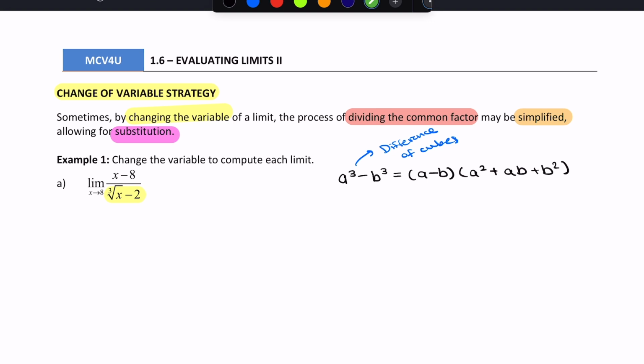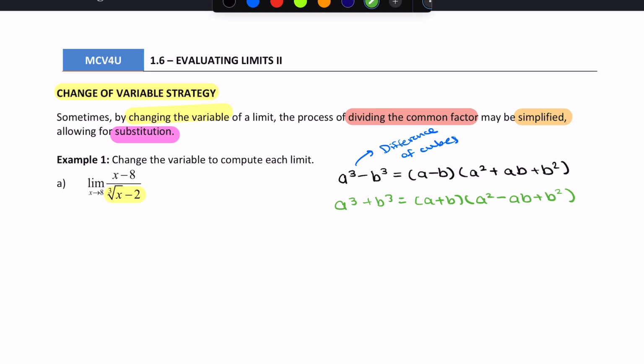And the sum of cubes: a cubed plus b cubed is equal to a plus b times a squared minus ab plus b squared.